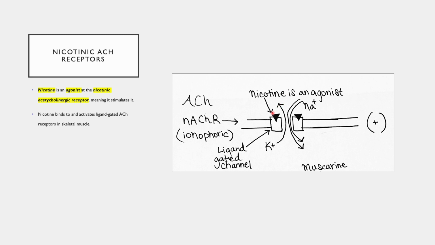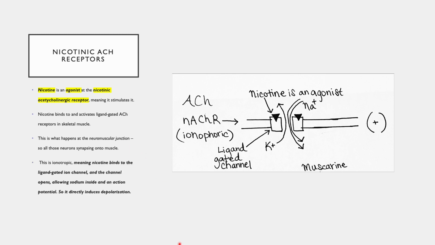And if you remember, an agonist mimics the naturally occurring neurotransmitter. This happens at the neuromuscular junction, so all of the neurons that are typically synapsing onto muscle. This is also an ionotropic receptor. So when nicotine comes and binds to this ligand-gated ion channel, it will induce a conformational change, in which this channel can now open.